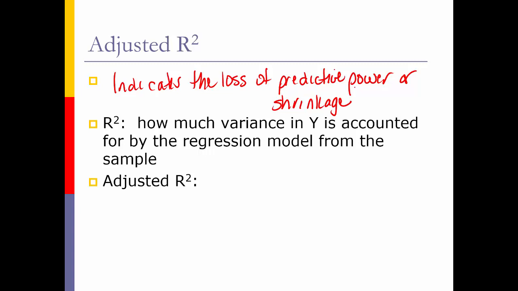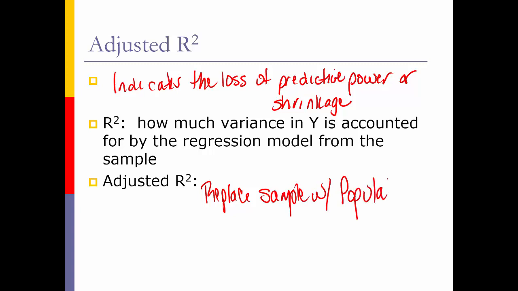So what does R-squared tell us again? It tells us how much variability in the outcome variable is accounted for by the predictors in the regression model. Our adjusted R-squared says the exact same thing, except you replace the word sample with population.